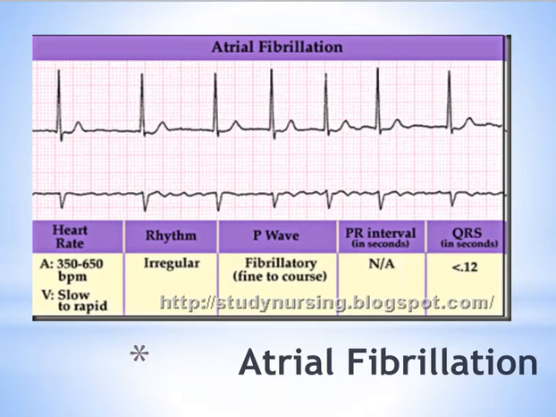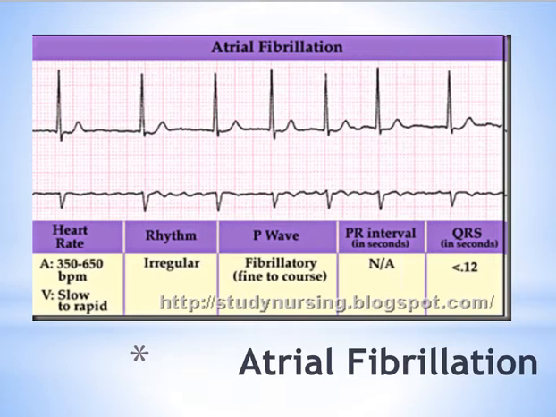Warfarin is a very common anticoagulant used, and it helps decrease the risk of clots. And the lab value we need to assess when a patient is on Coumadin or warfarin is the PT-INR. Generally, a normal INR is around 1. If a patient is on Coumadin for atrial fibrillation, the goal is usually for it to be 2 to 3.